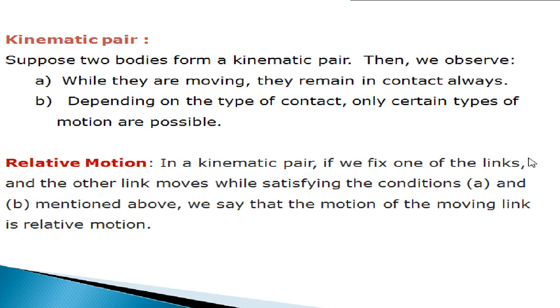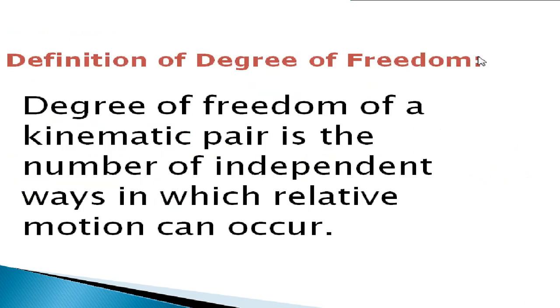I would strongly encourage you to remember this definition of relative motion all through the discussion in this module. Let us begin by looking at several examples of degree of freedom after we go through this definition. The degree of freedom of a kinematic pair is the number of independent ways in which relative motion can occur in the kinematic pair.